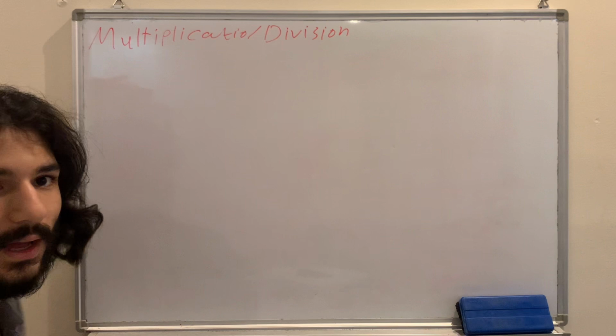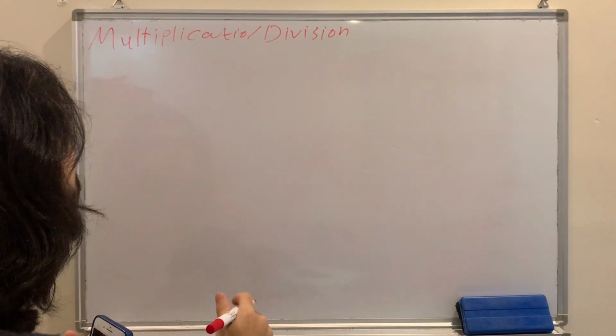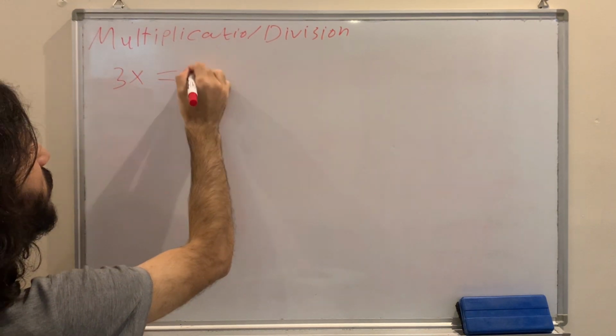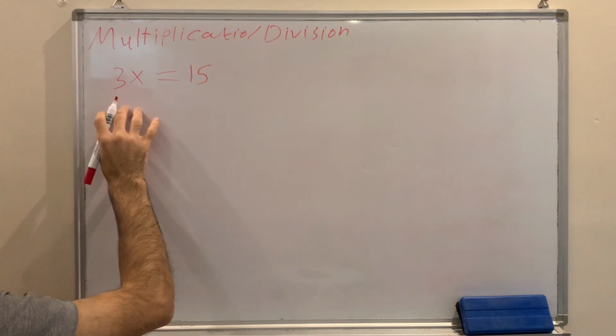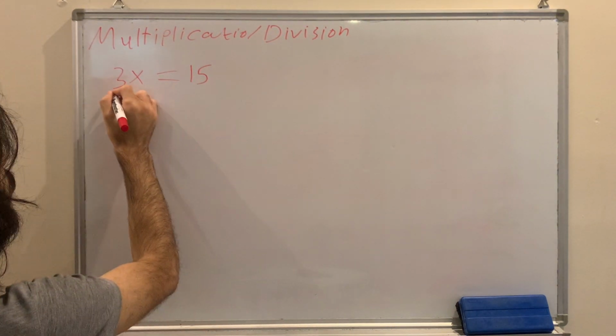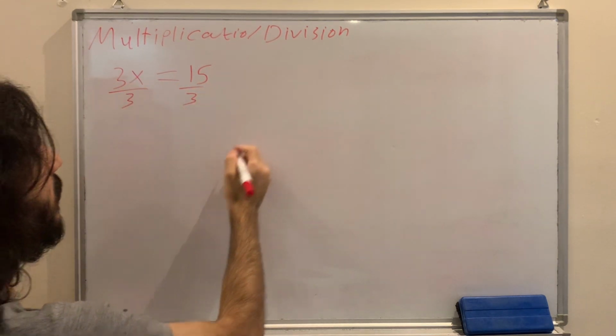Okay, now we move on into multiplication and division. For multiplication, let's take 3x equals 15 as an example. And obviously this is again very simple. We just divide 3 on both sides to isolate x.